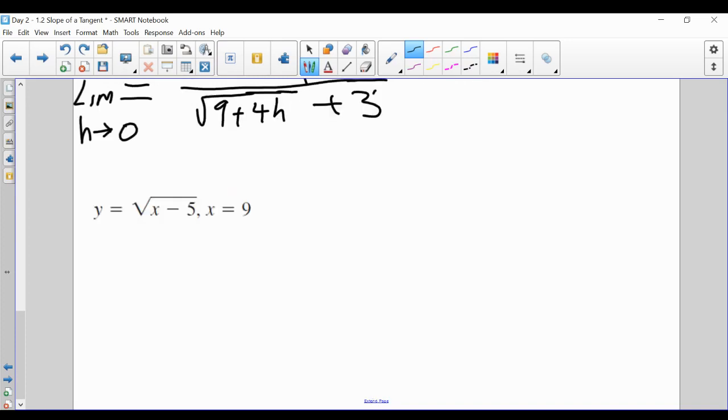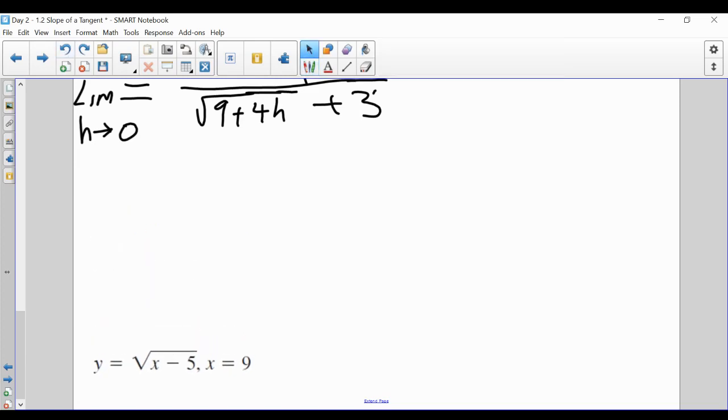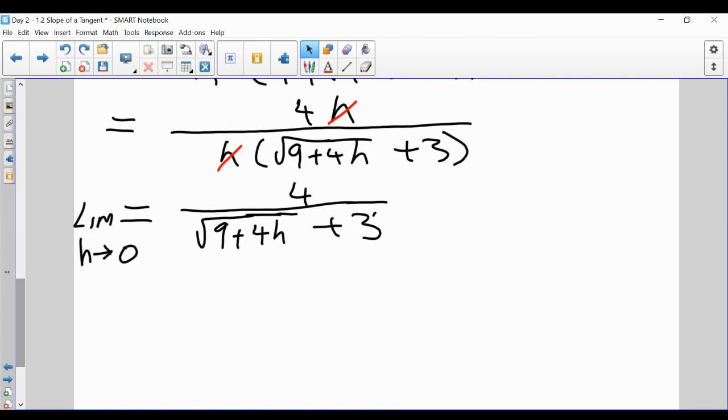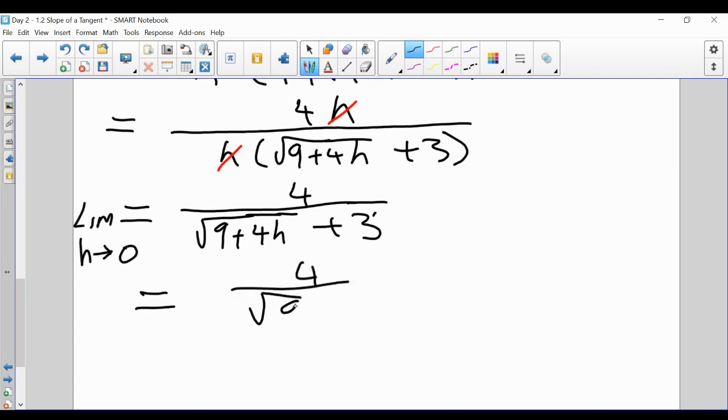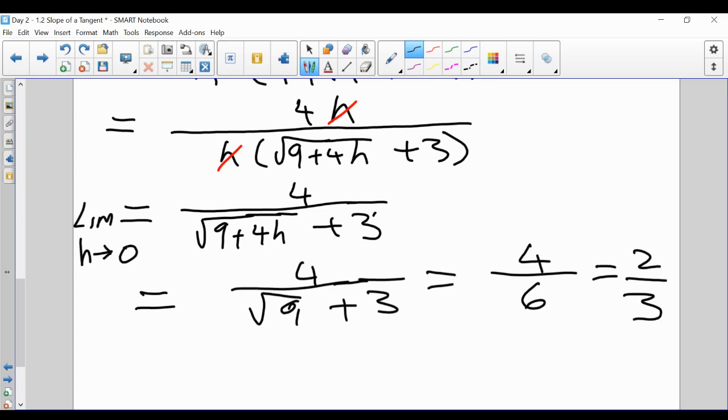We can now ask that question because it's easier to answer by just plugging 0 into this. It's okay for us to plug 0 into this. So what we're going to be left with is 4 over the square root of 9 plus 3, which, as Alexander points out, is equal to 4 over 6, which is 2/3. So Cauchy and Alexander were both 100% correct.